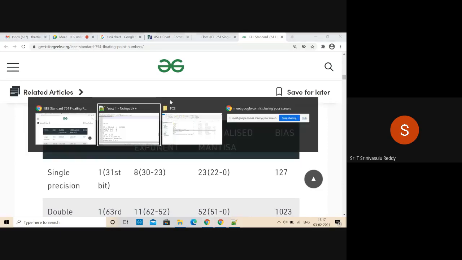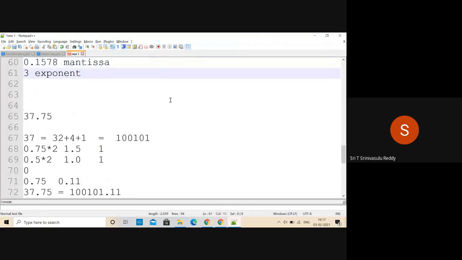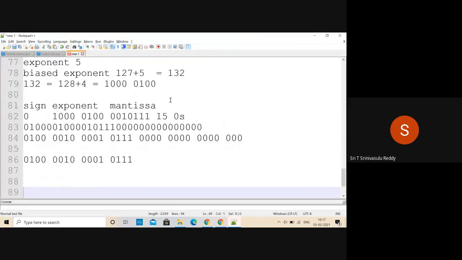We should get 23 bits. We have made a mistake in calculating 15; the problem is that 16 should come. Since it is 23 and here there are 7, naturally here it should be 16. Sorry, 16 zeros actually. So here one more zero you require, and here you require one more zero.